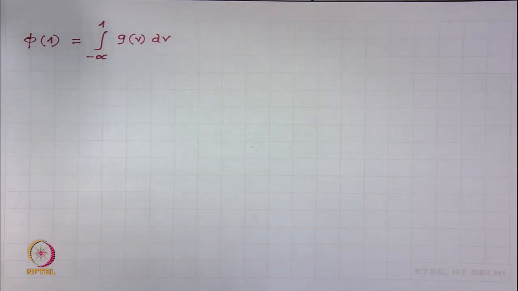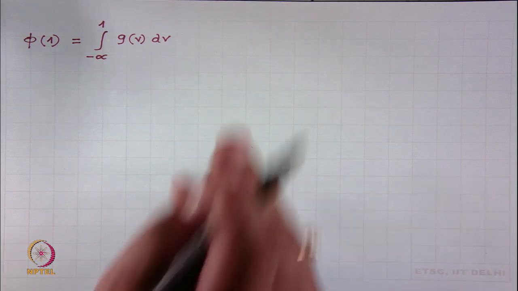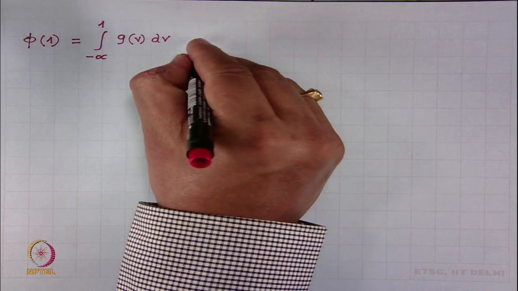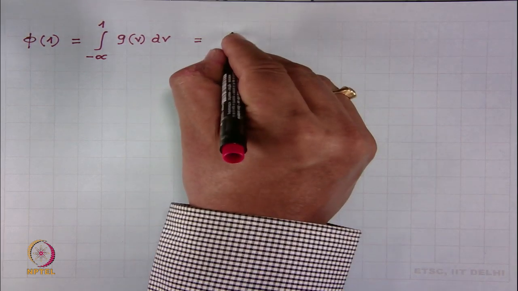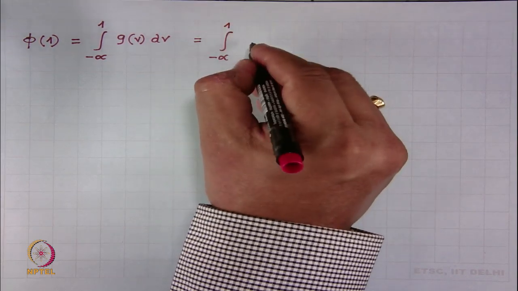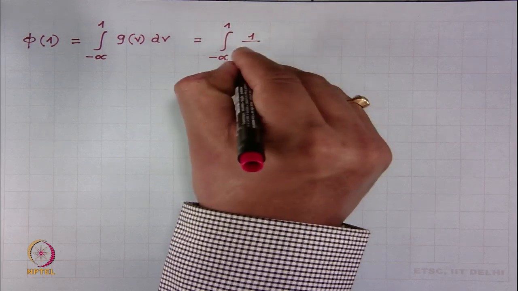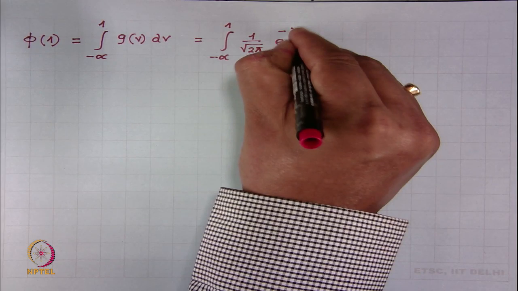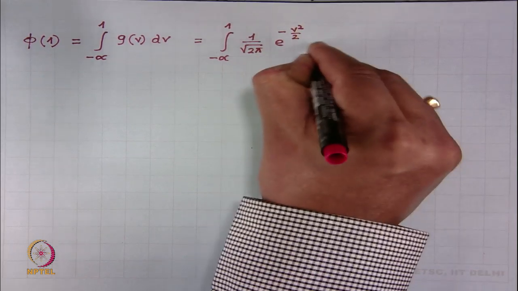This we have learned in the theory part. So, V is standard normal variable, minus infinity to 1, what is G V? G V is 1 over root 2 pi e to the power minus V square by 2 dV.